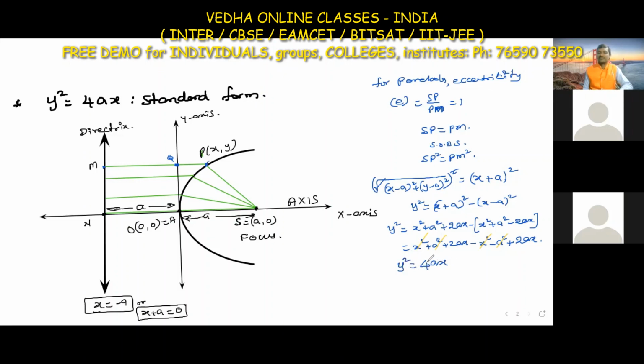So y squared is equal to 4ax. This is the standard form derivation.